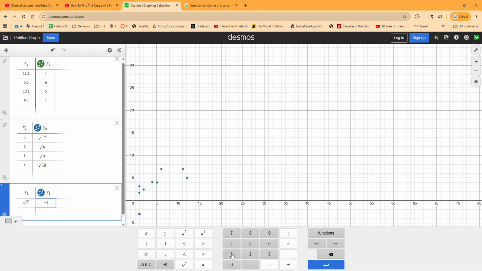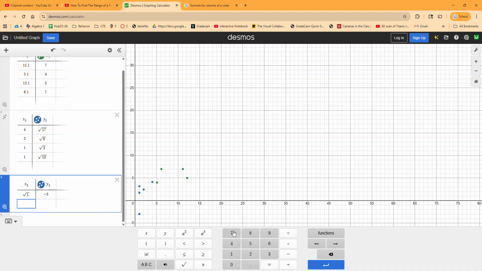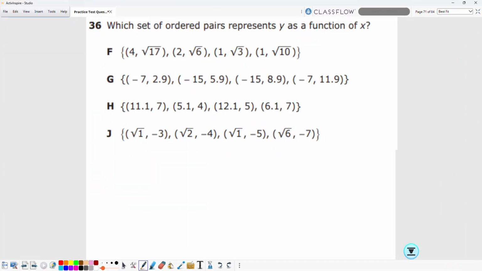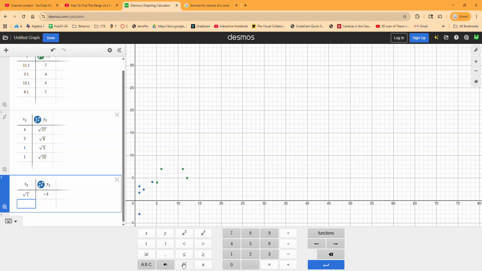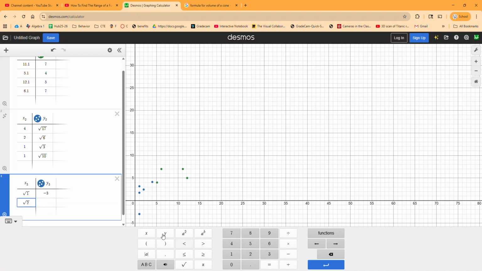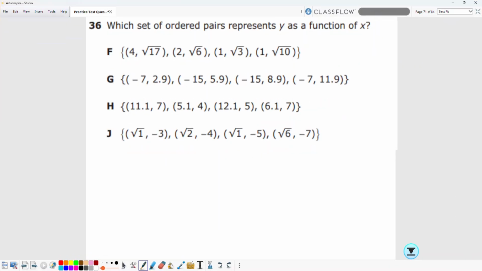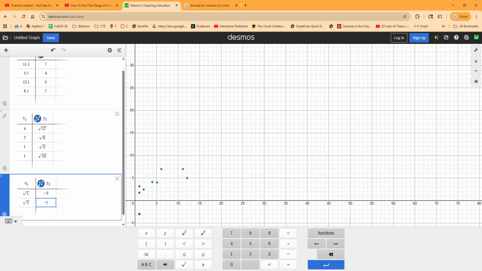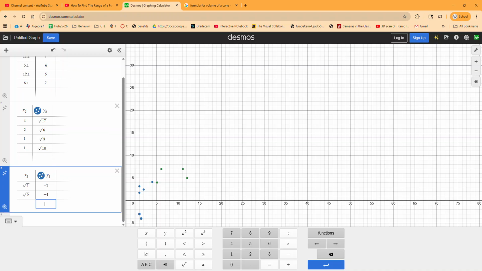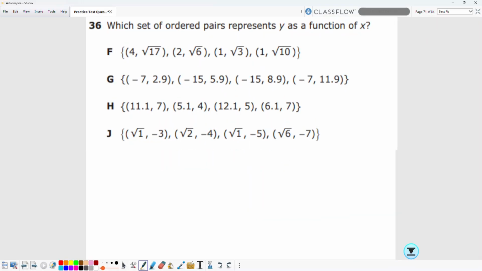All right, my voice is starting to go. So let's finish the rest. Square root of 2 and negative 4. So we got square root of 2. Was it 4 or negative 4? It was negative 4. Down over. Here we have square root of 1 and negative 5.